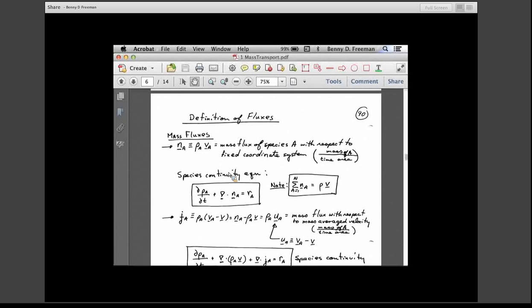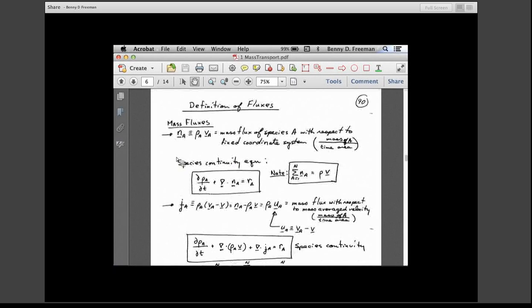Today, we'll continue this a little bit further by describing the definition of mass flux and how that fits into these relationships. We know from our earlier reading that the mass flux of a component A relative to a fixed coordinate system is just the concentration of that component times the average velocity of that component in the system, V sub A. So you can always write flux as a product of a concentration and a velocity.